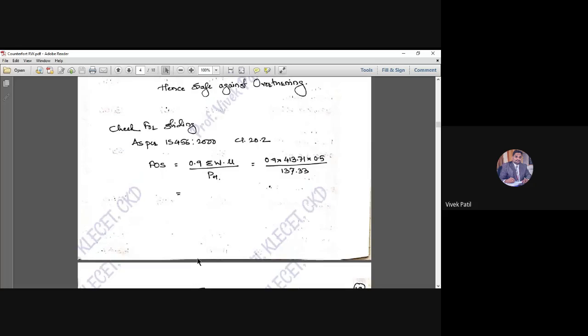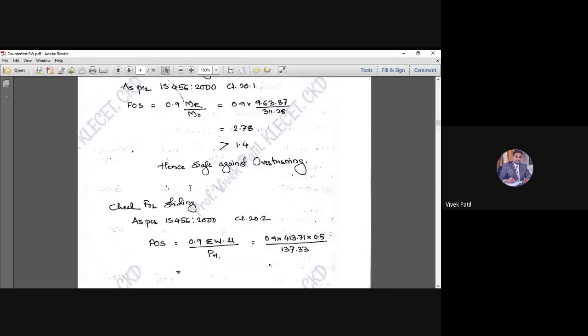Somewhere here for this portion we have calculated the load. It was 413.71, which should be multiplied by 0.9, and mu is 0.5, and the horizontal pressure is 137.33.